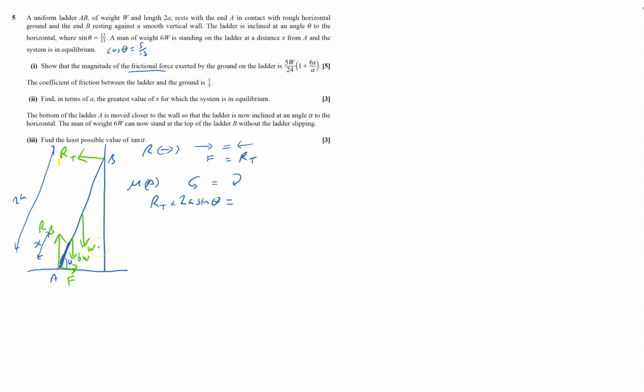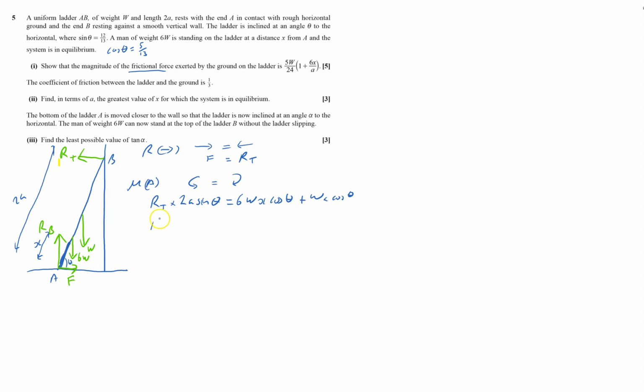And then clockwise, we've got the 6W bit. So we've got 6W, and that's X there, so the distance I want is X cos theta, plus the W bit. And the W is times by the distance going across here, and that'll be A cos theta.